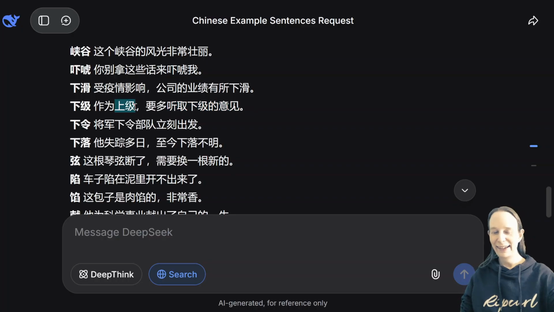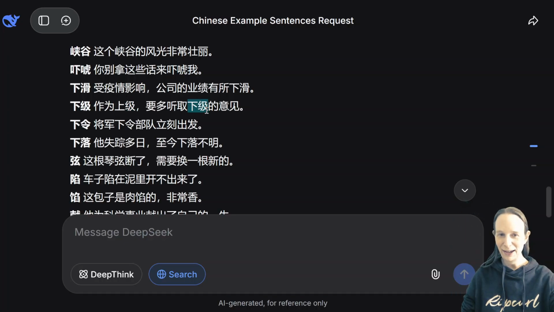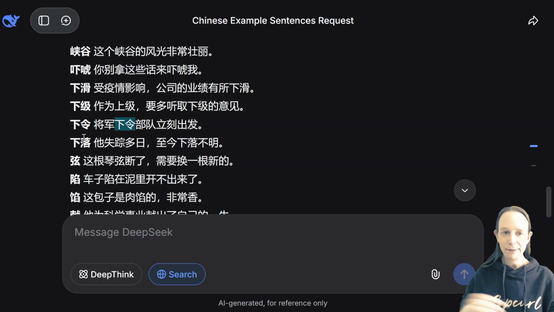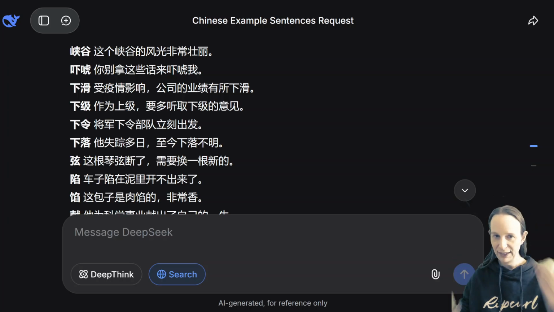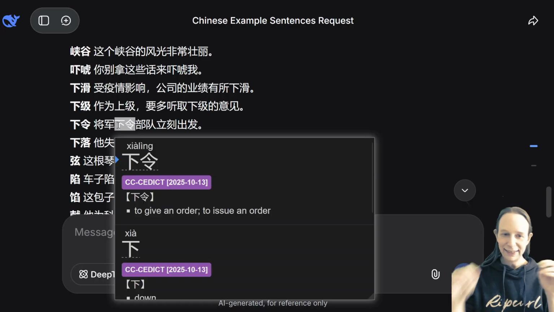So the higher ups should listen to the lower downs, the opinions thereof. All right. 下令. So this 下 is like issue. 令 is 命令, right? So issuing an order. 将军下令部队立刻出发. So the general issued an order that the troops are going somewhere, wherever, somewhere unspecified. 下令.